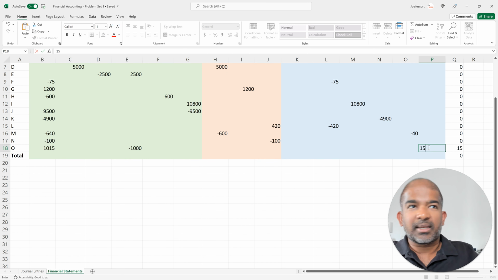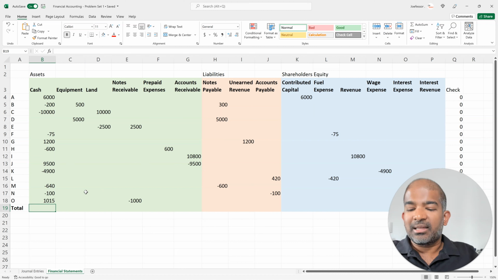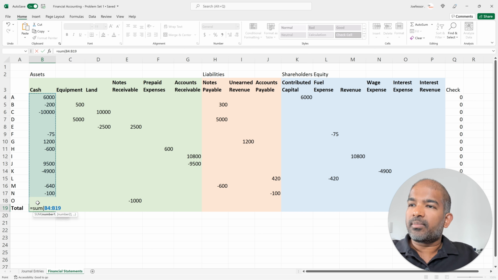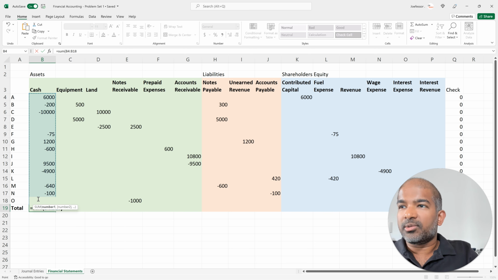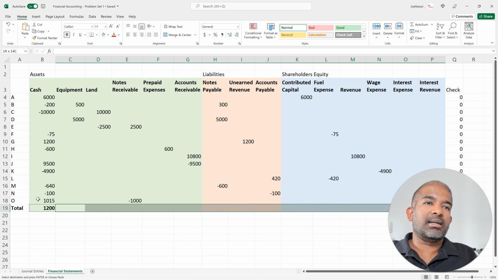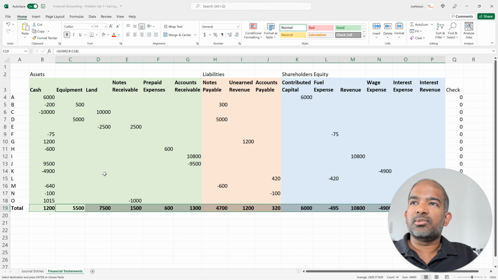Plus 15. Now in the last row here, I'm going to calculate the balance of all these accounts. I'm just going to add up all the rows until transaction O. Now I'm going to extend that to all these accounts, just copying the formula to all these columns.